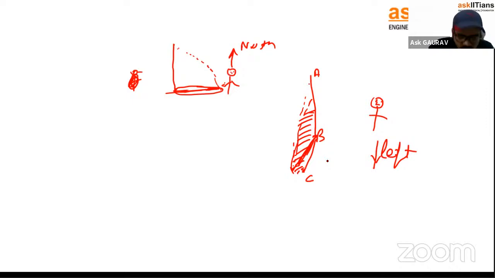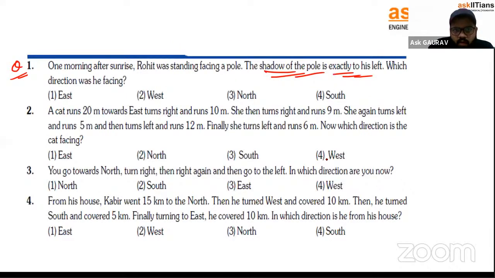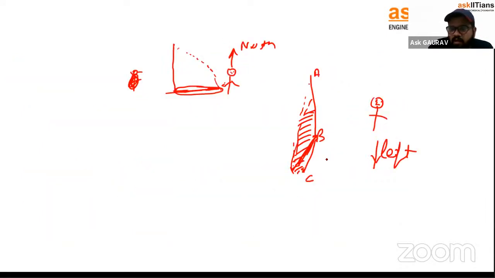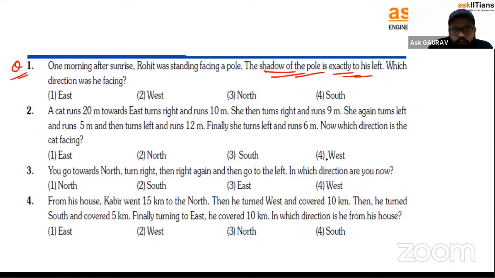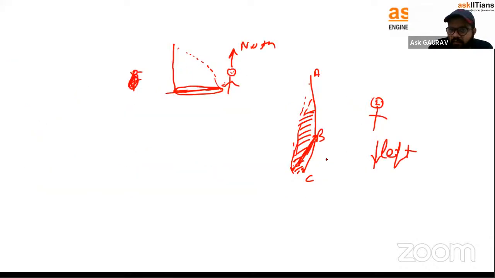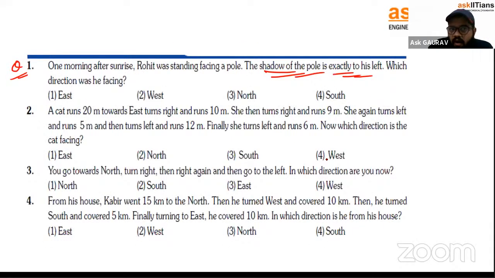Is the condition fulfilled for the question? One morning after sunrise, Rohit was standing facing a pole. Rohit is seeing the pole. The shadow of the pole is exactly to his left. Where is left? And which direction was he facing? One morning after sunrise.